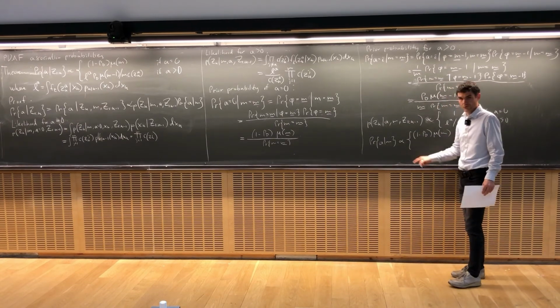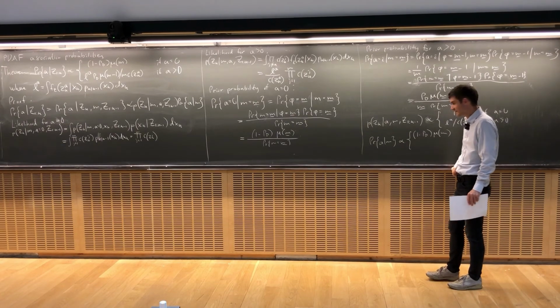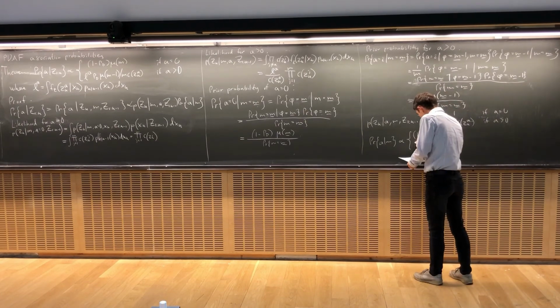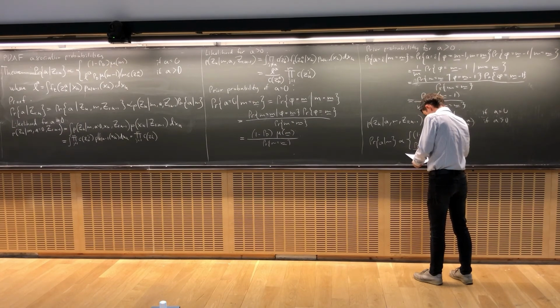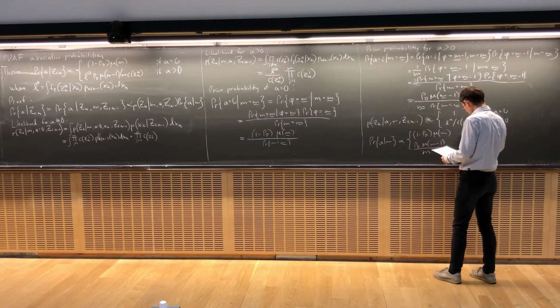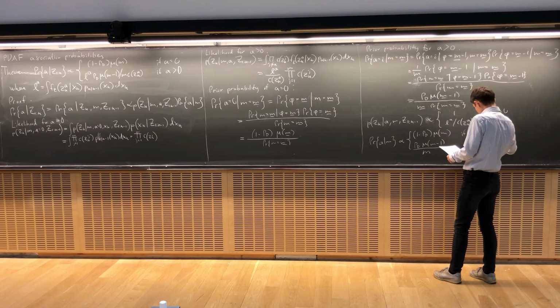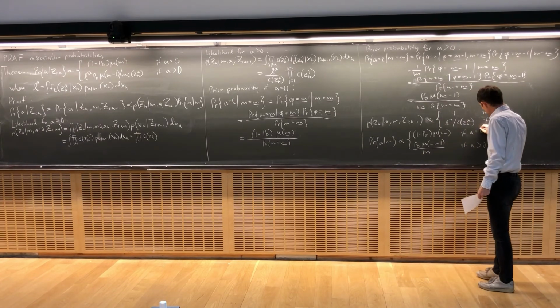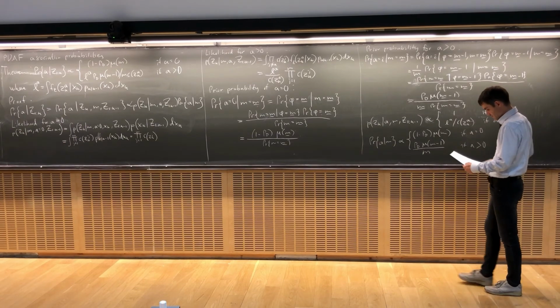Now I don't care about the difference between realizations and the actual value anymore. Or, if A is greater than 0, proportional to the probability of detection times the distribution of n minus 1.